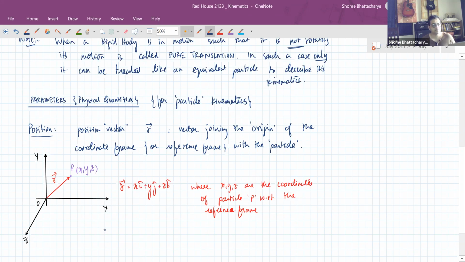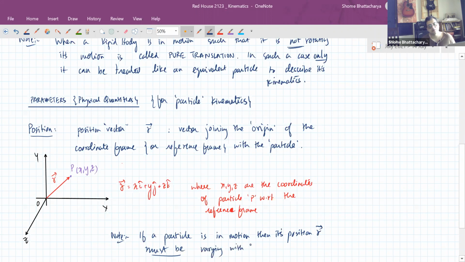Now one simple thing we can understand is that if a particle is in motion, then its position R must be changing. It must be varying with time.